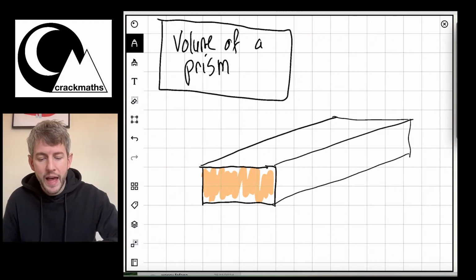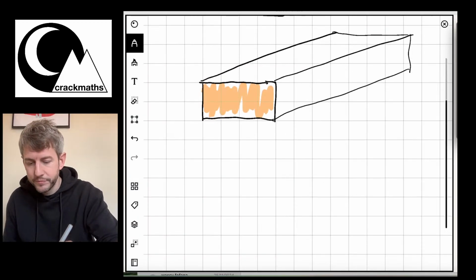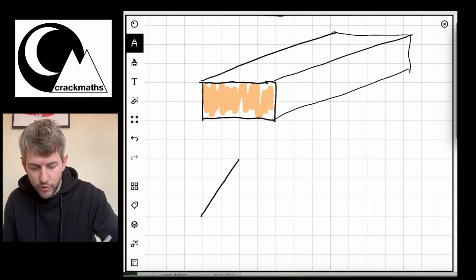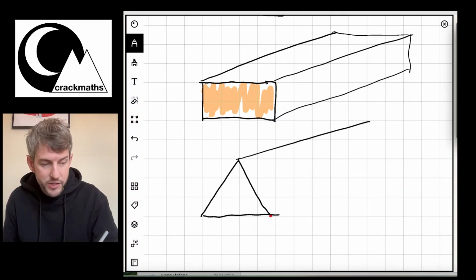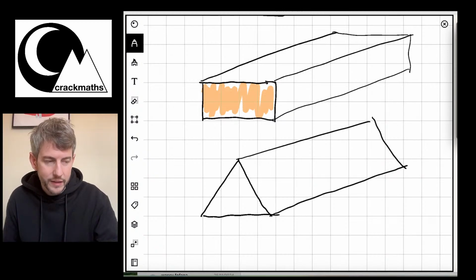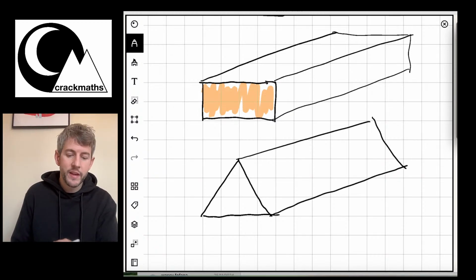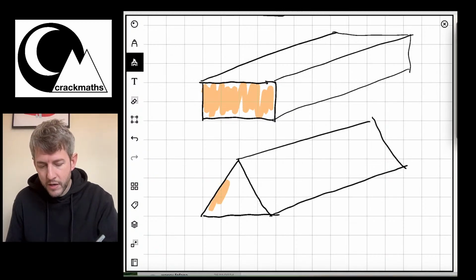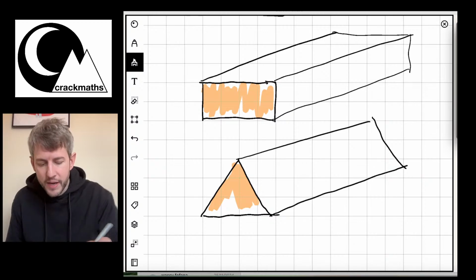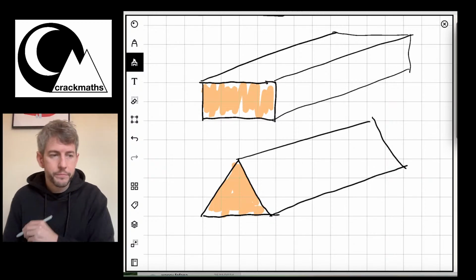We could have a triangular prism. Okay, a triangular prism would start off like a triangle, and then we just add the third dimension so that we're going back. Okay, so this would be a triangular prism. A common shape that looks like this is a Toblerone. Now, if you snapped this shape, it'd be this all the way through.